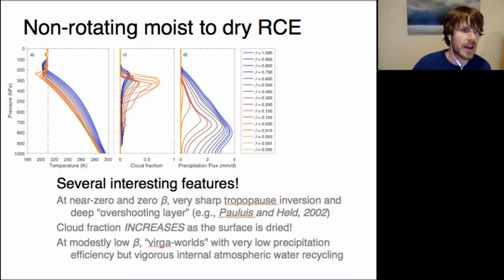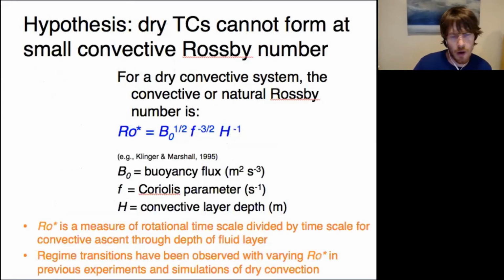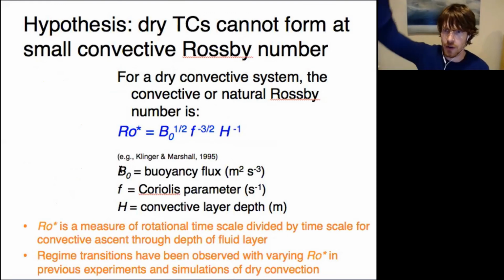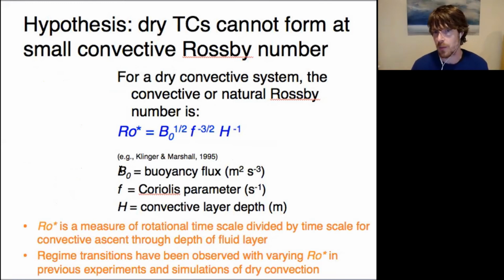Based on the convective Rossby number, I expect that it would, because in dry RCE you need the integrated cooling of the troposphere to be balanced by the sensible heat flux. So a larger cooling rate would lead to a larger surface buoyancy flux in equilibrium, and that would translate to a larger convective Rossby number. My guess would be yes, but we haven't tested that.